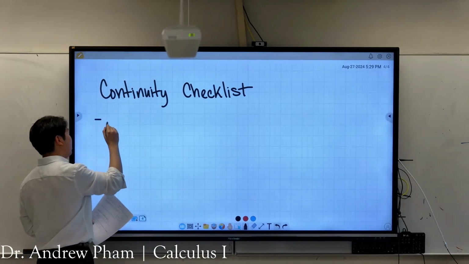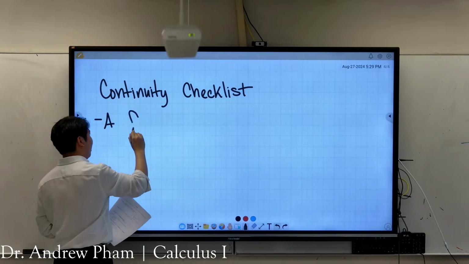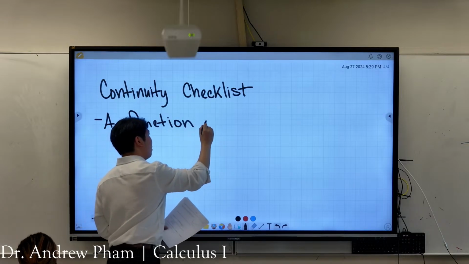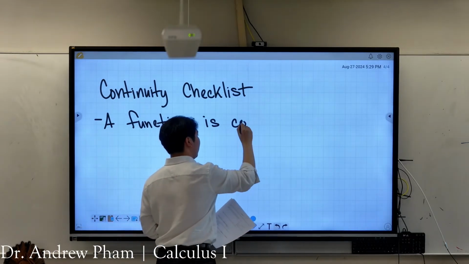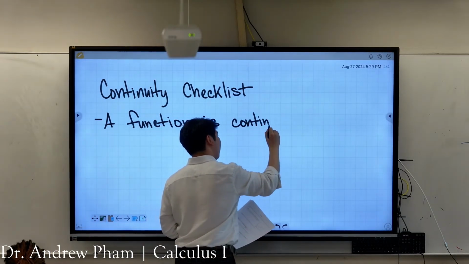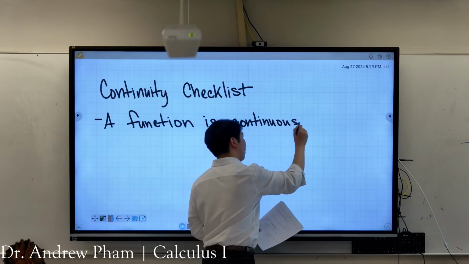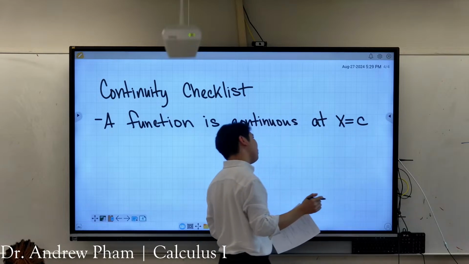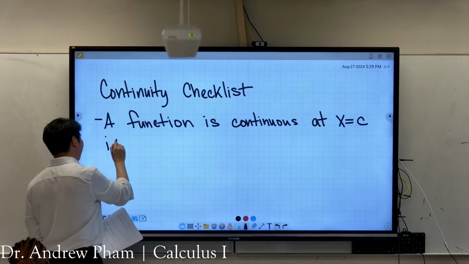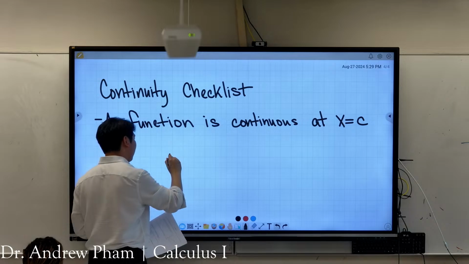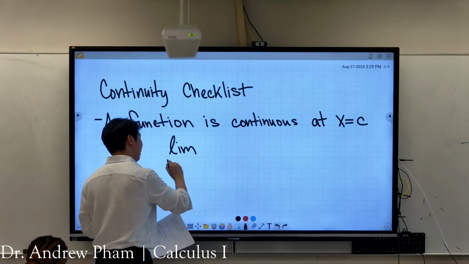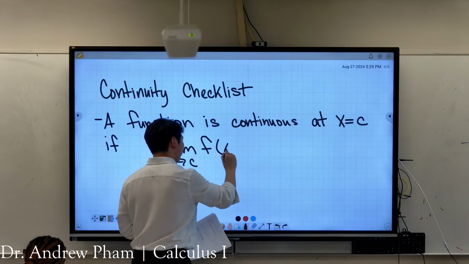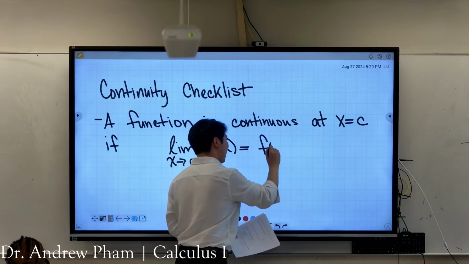So first off, just a general definition. A function is continuous at x equal to c if the following holds. The limit as x approaches c of my function is equal to f of c.